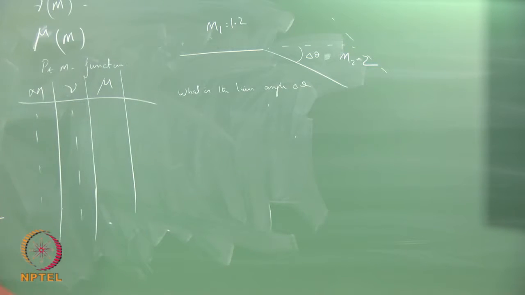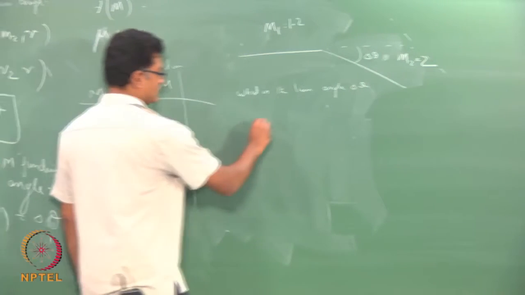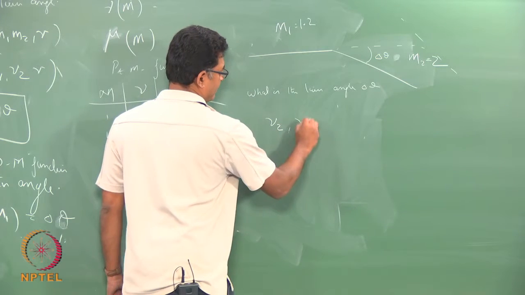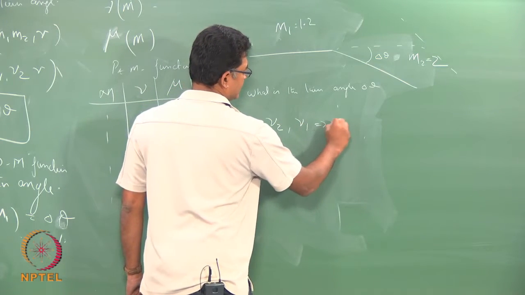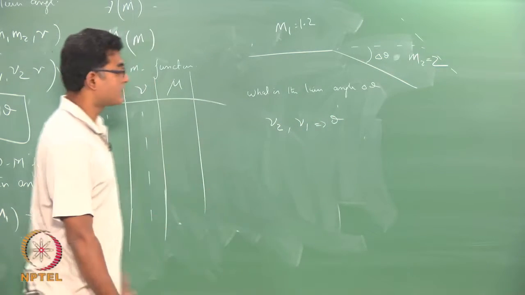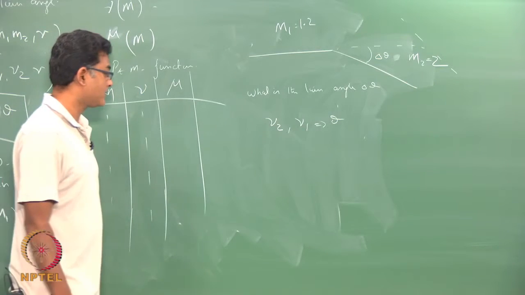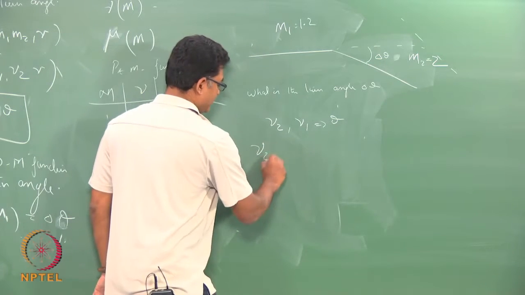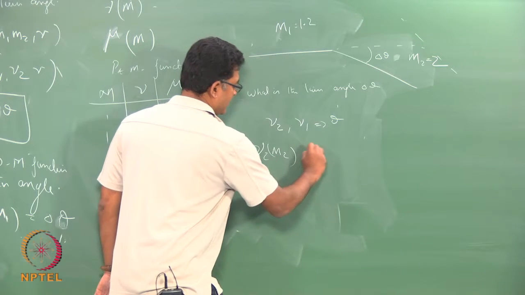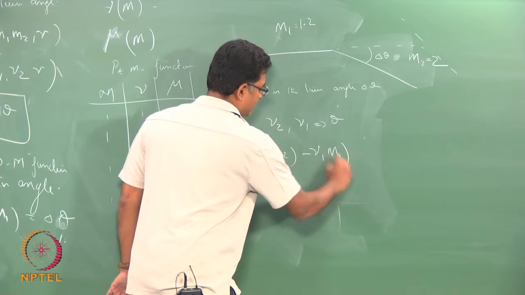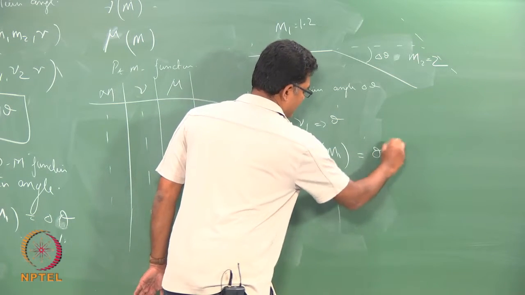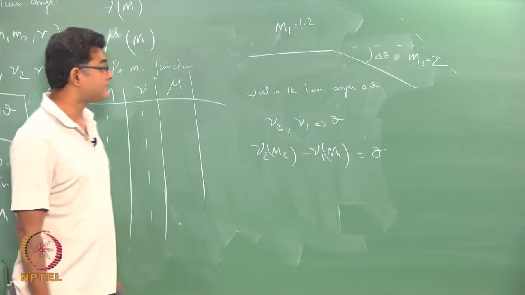Okay. So, all you need to do is find nu 2, find nu 1, find the difference, and that would be your turn angle delta theta. Okay. So, nu 2 as a function of m2 minus nu 1 as a function of m1 will give the turn angle theta.